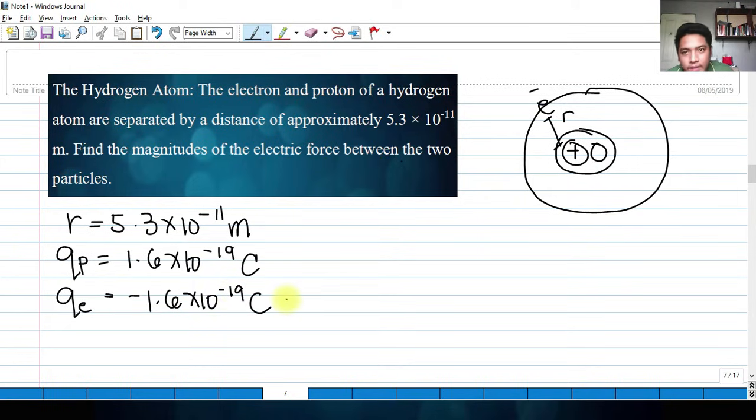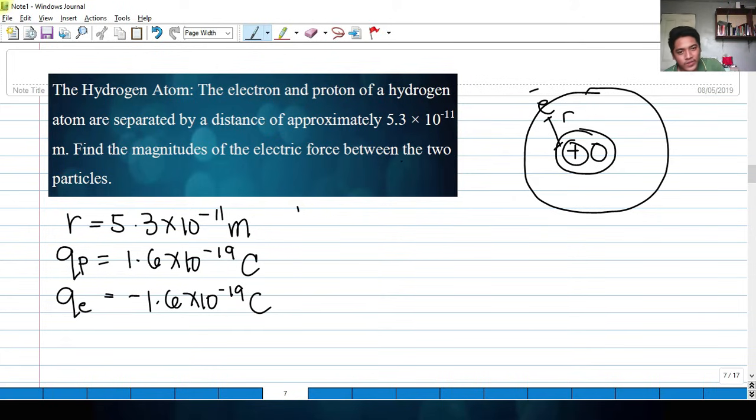They have the same magnitude but not the same sign. Since we are asked for the magnitude, the magnitude of the force should be positive.